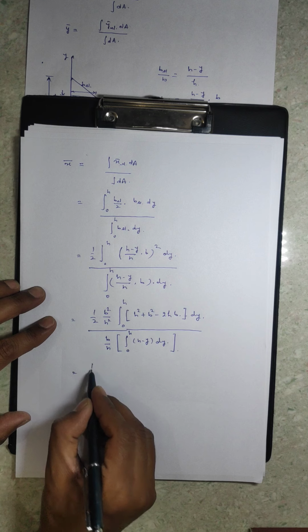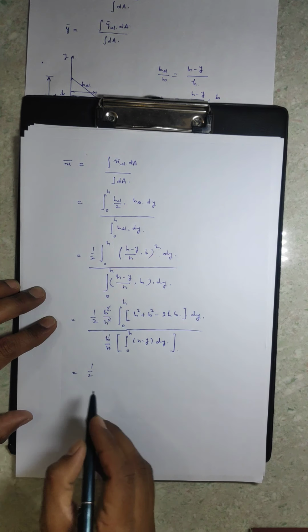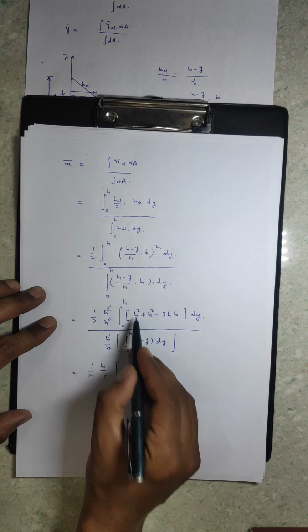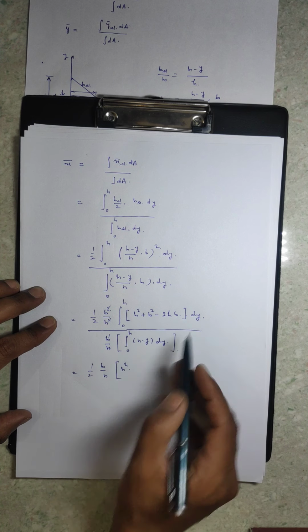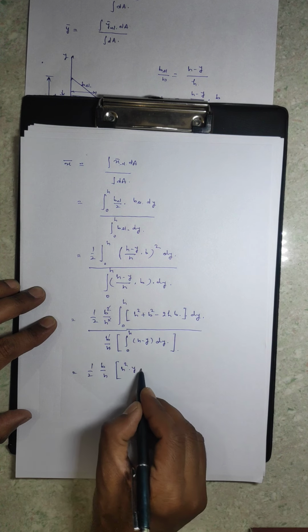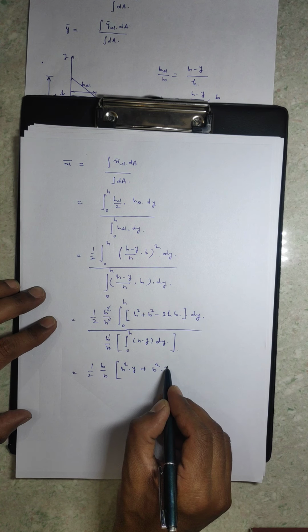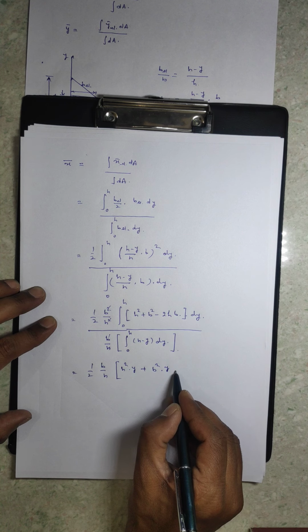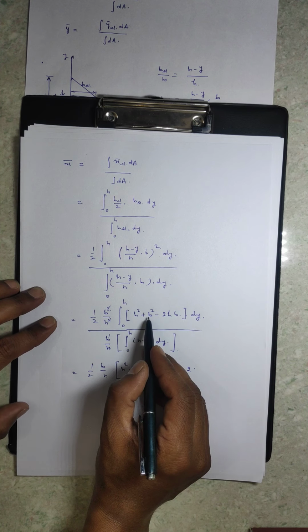That means b by h cancels, and we have 1 by 2 b by h in brackets, h square into integration of 1 dy, that is y, plus y square minus 2hy. I think there is something wrong.